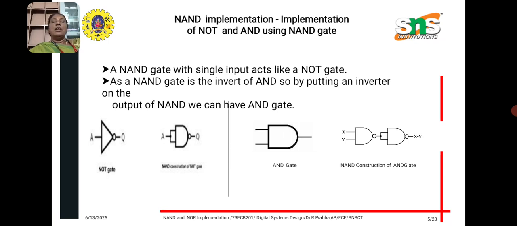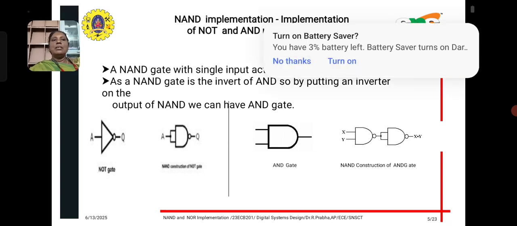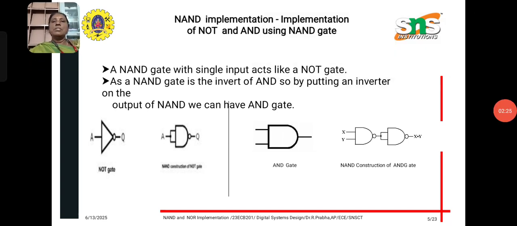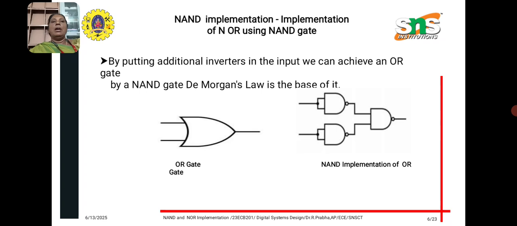We know the complement law: if we take the variable's complement two times, it gives the original value. For example, if we have a variable A, A double bar gives the original value. In this way we can use two NAND gates in succession and we get the original function of an AND gate.